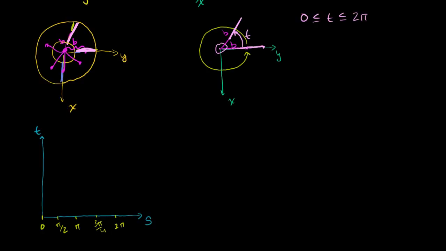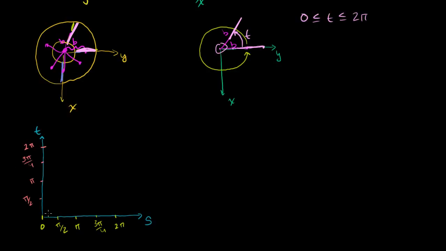It's going to go up to 2 pi. I really want you to visualize this, because then the parameterization, I think, will be fairly straightforward. So that's 2 pi. This is pi. This is pi over 2. And then this is 3 pi over 2.